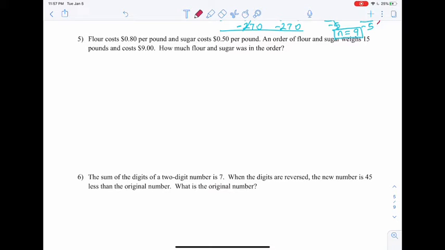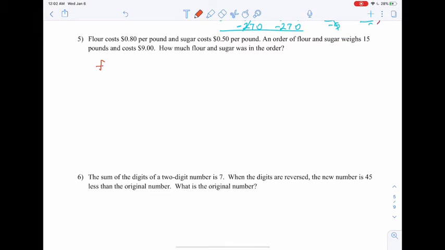Okay, this time we are going to write again a system of equations for per pound, and we are going to write it also for the cost. Let's start with defining our variables first.